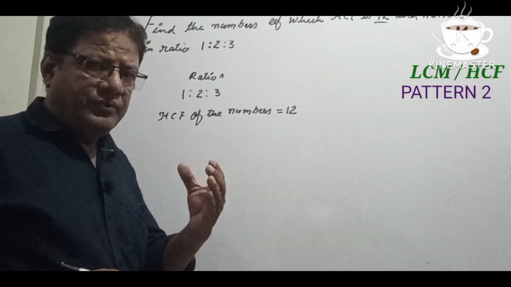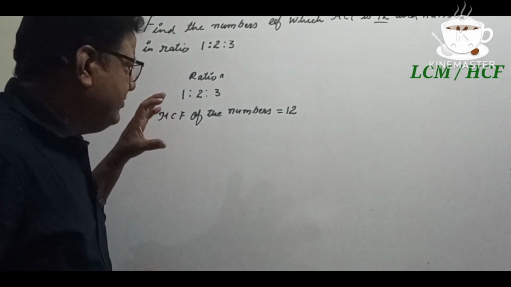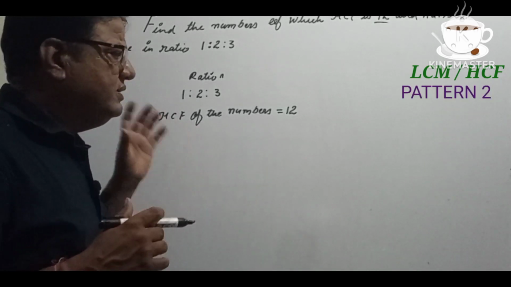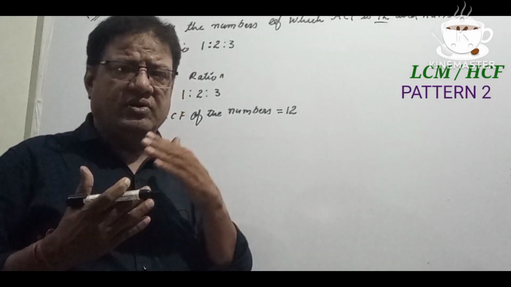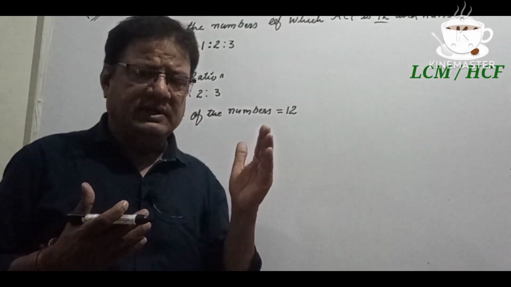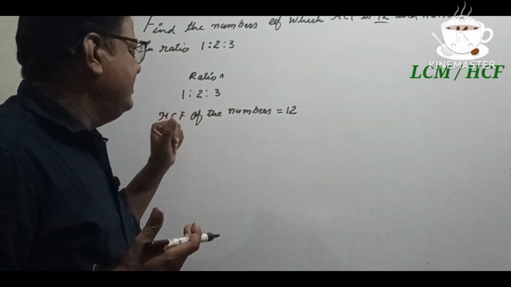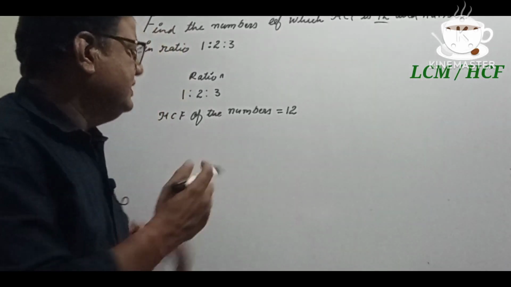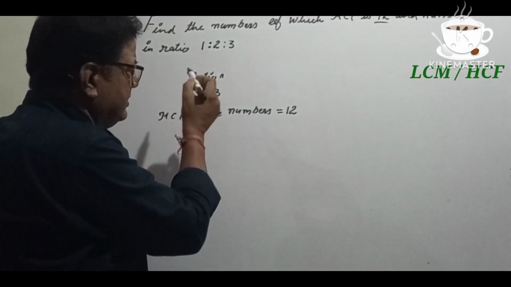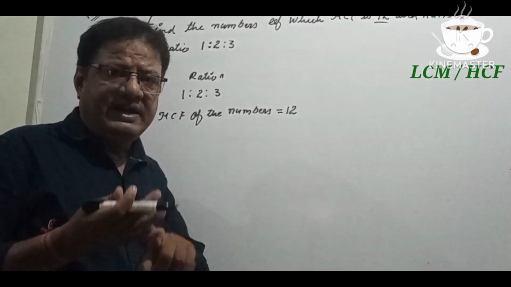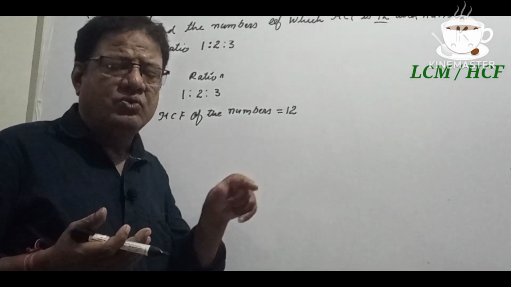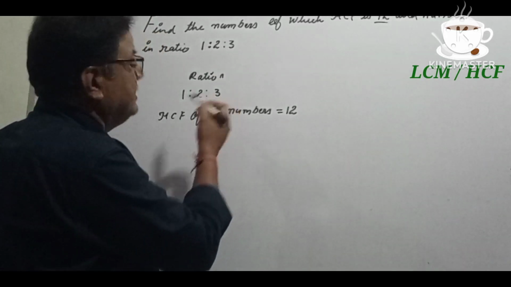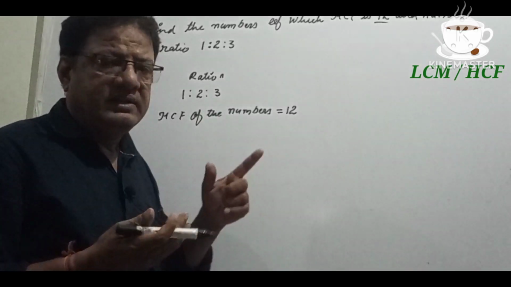Now we will try to find the HCF of the ratio. Imagine them as real numbers: 1, 2 and 3. Find the HCF of 1, 2 and 3.